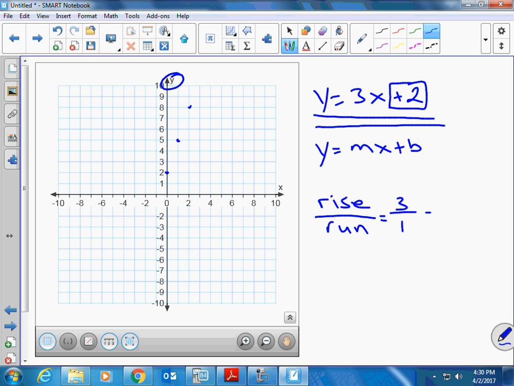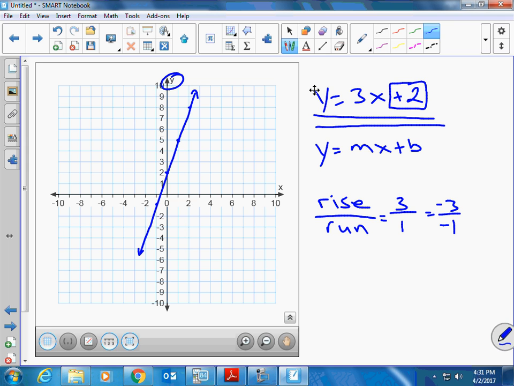I could also, and this is just for good thinking skills, treat that as a negative over a negative, because a negative divided by a negative is a positive. So I could come down 3 and over 1 also as many times as I would like, and I can connect those dots. They should all line up on a nice, neat, straight line, and we have it. There's a graph of y equals 3x plus 2.